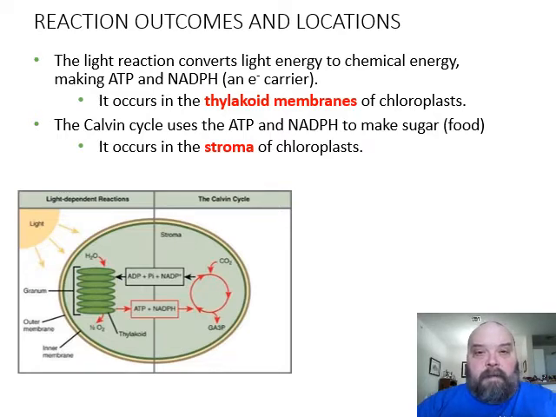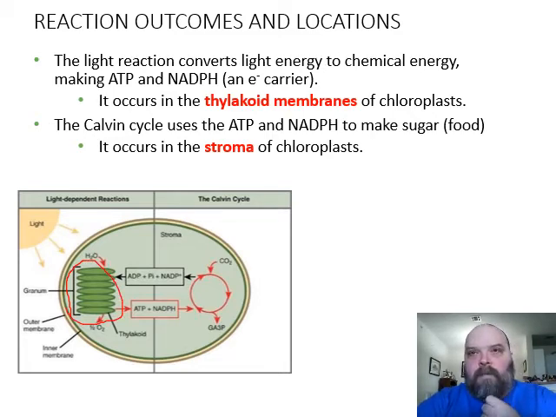Everything we're going to be talking about here is going to be happening in the chloroplasts. The light reactions are going to be occurring in and on the thylakoid membranes. Remember, the thylakoids are the green pancake-like things that are found in chloroplasts.